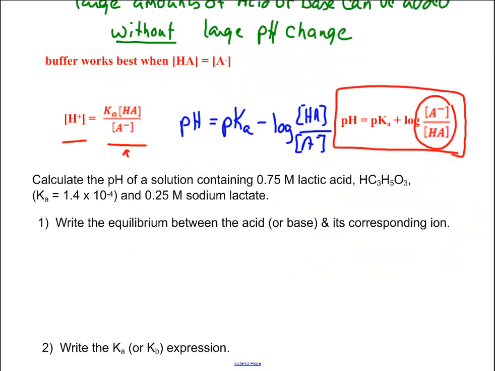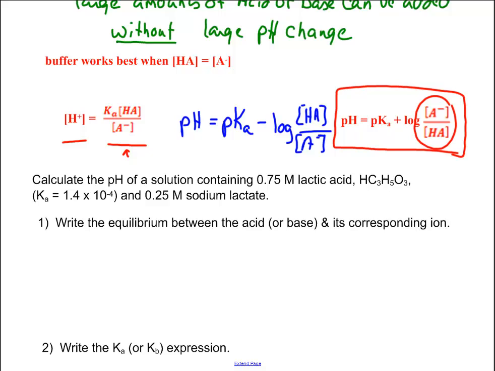So let's take a look at using this. If I want to calculate the pH of a solution, 0.75 molar lactic acid, and we've got a Ka of 1.4 times 10 to the negative 4, and in that solution, to make it a buffer, we have 0.25 molar sodium lactate. So the first thing they're asking us to do is write an equilibrium between the acid and its corresponding ion.